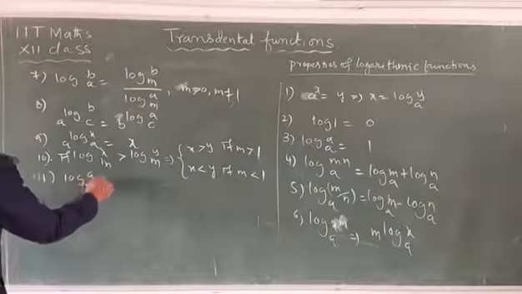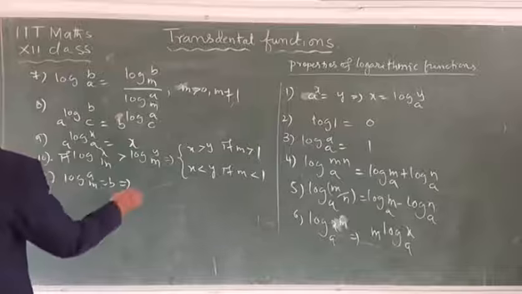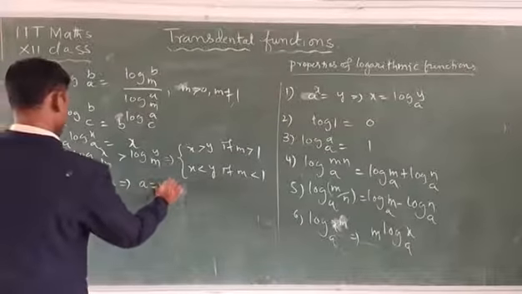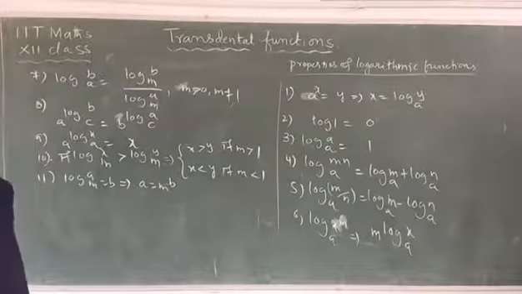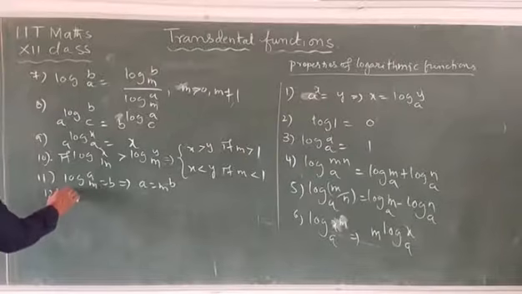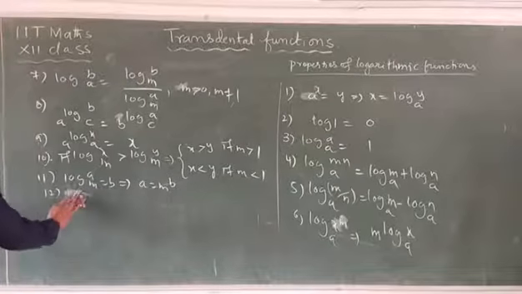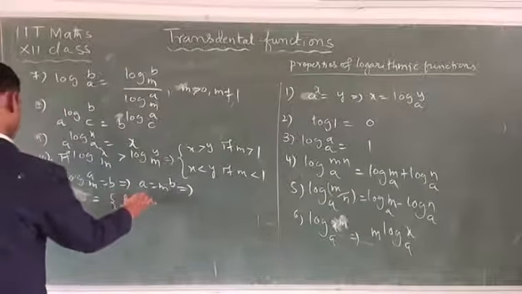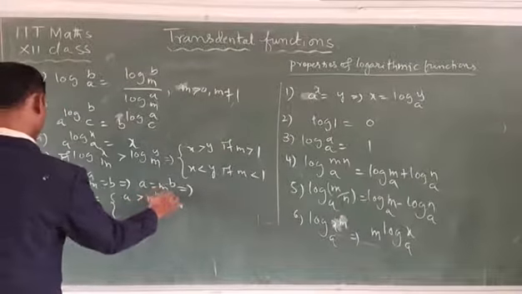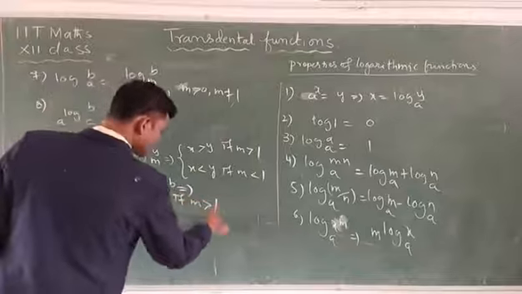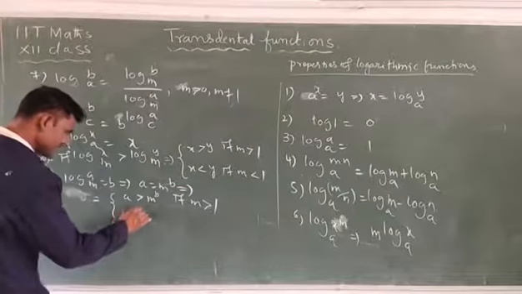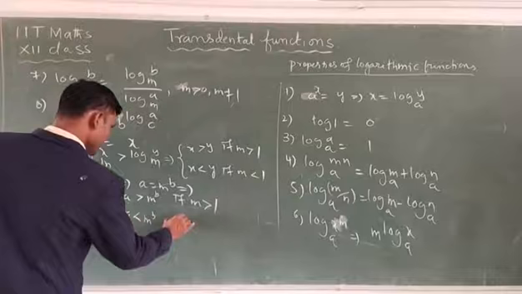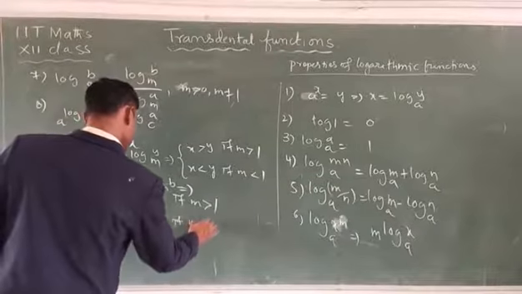Now next one, log a base m is equal to b, then a is equal to m power b. Next one, the inequality implies you can take two cases: a is greater than m power b if m is greater than 1, and a is less than m power b if m is less than 1.